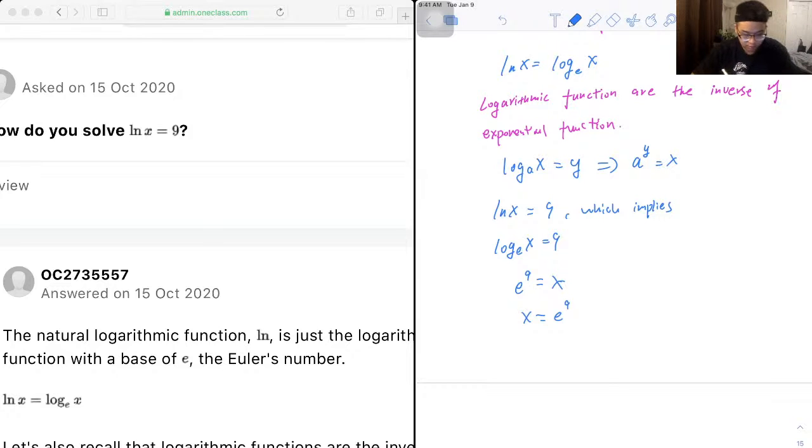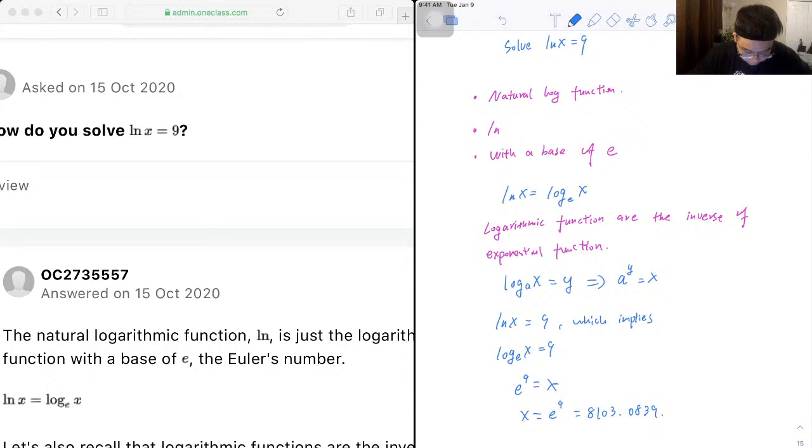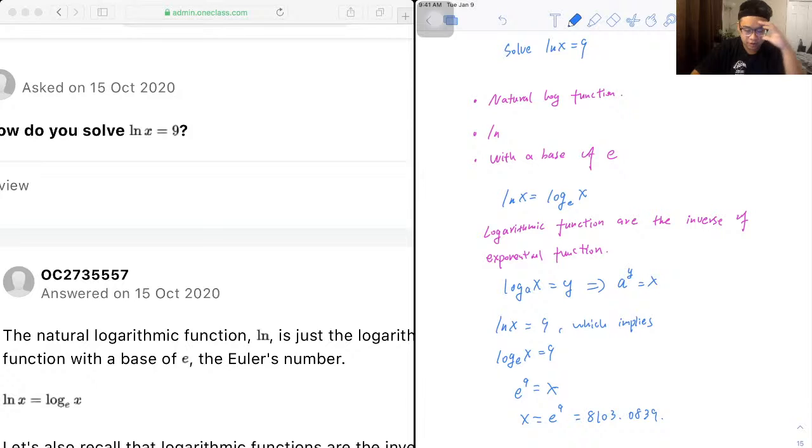And this should be equal to 8103.0839. Yeah. So that's all we have for this question.